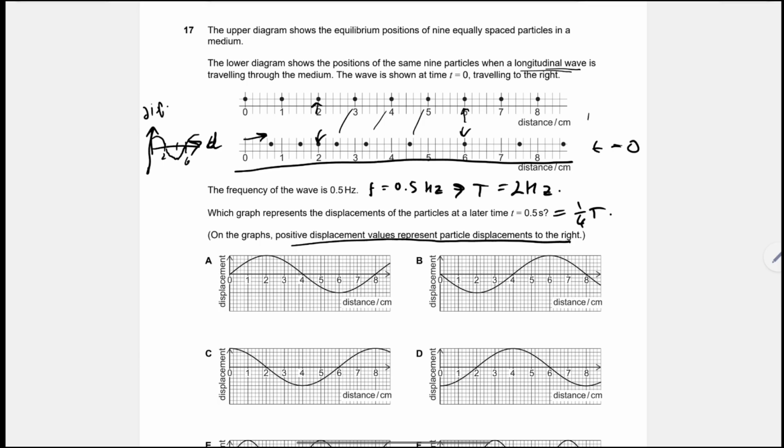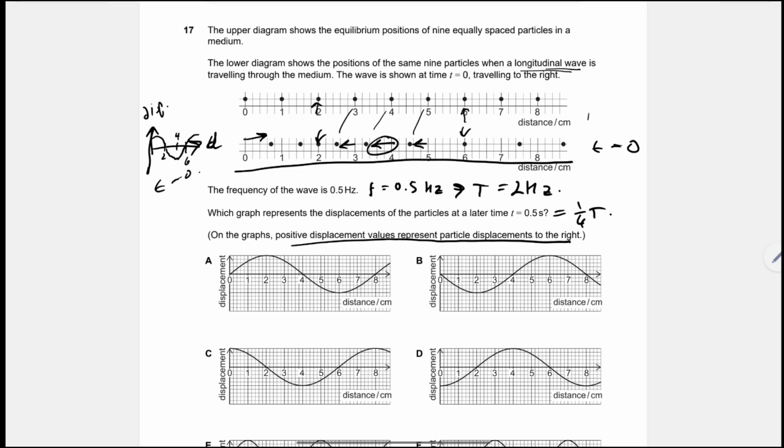So there we go, that's what the graph looks like. Because over here all these ones are displaced to the left, this has got the biggest displacement over here. So that makes sense. This is what it looks like at t equals 0.